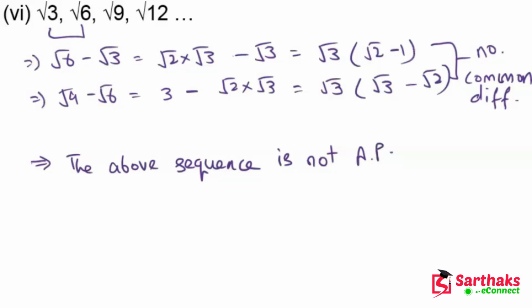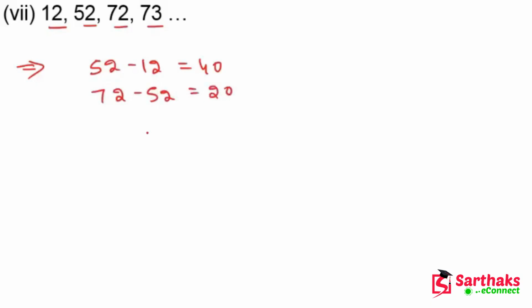Now the next question is, yes, so this is 12, 52, 72 and 73 and so on. My dear friends, first of all we have to check the common difference. So 52 minus 12 we get 40. And if you subtract 72 minus 52 we get 20. And 73 minus 72 we get 1.